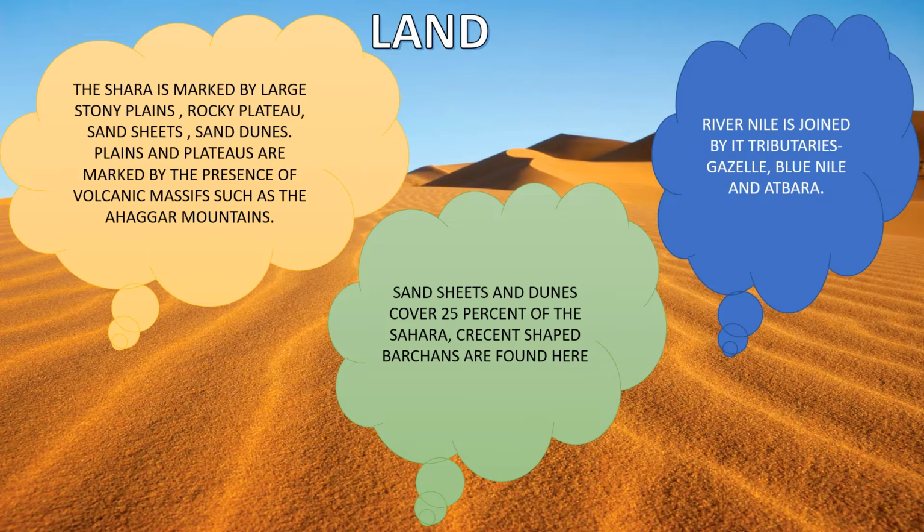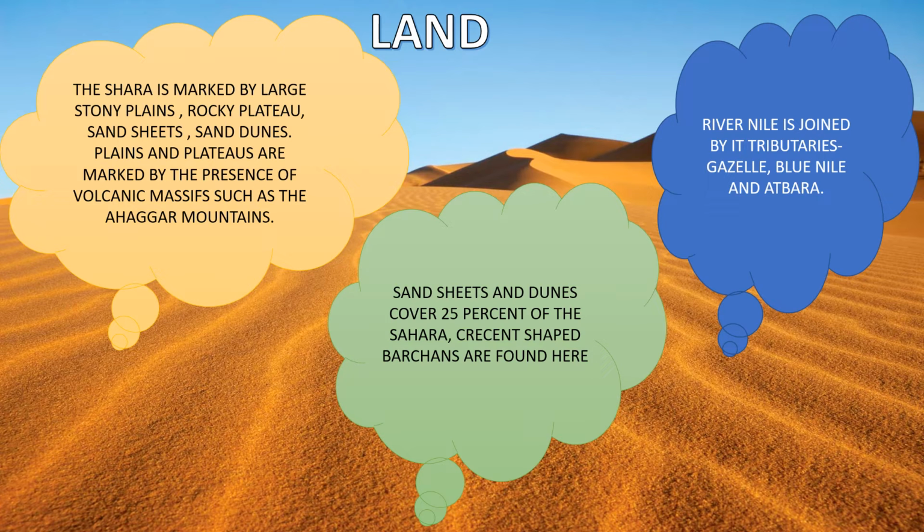The Sahara Desert is marked by large stony plains, rocky plateaus, sand sheets and sand dunes. Plains and plateaus are sometimes marked by the presence of volcanic massifs. Massifs are kind of mountains. The sand sheets or dunes cover 25% of the Sahara Desert. Crescent-shaped barchans are found here.